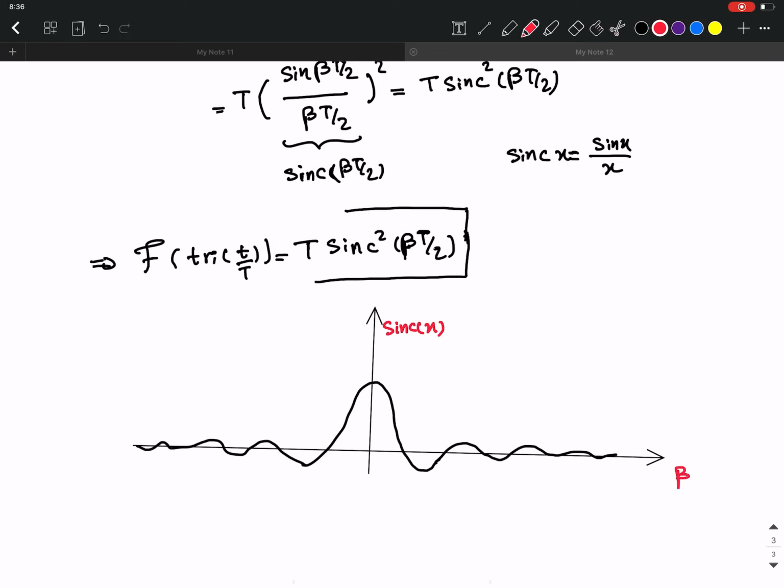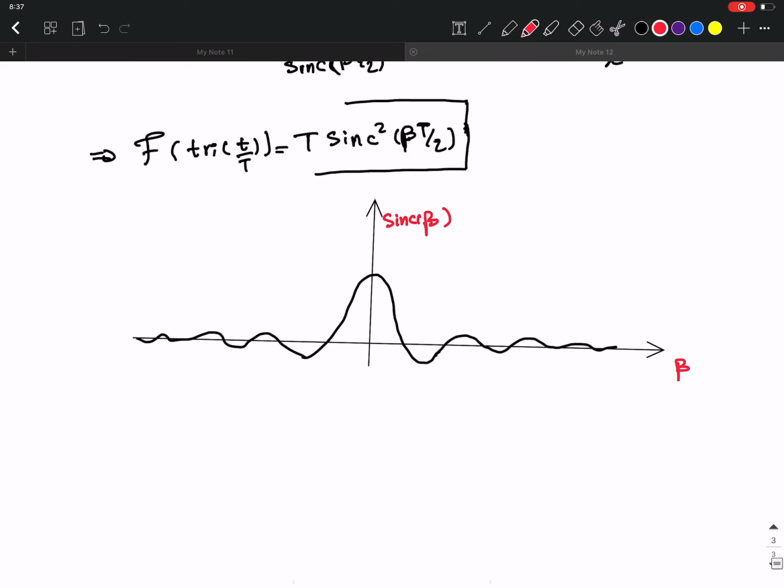So if this is beta in the beta space, because we have to do it in the beta space, then you can plot this one and see what the exact shape looks like.